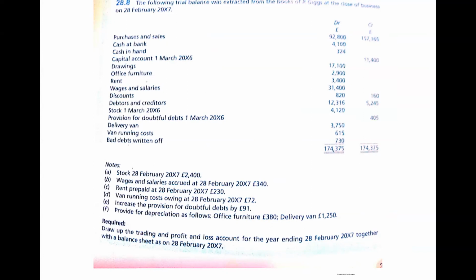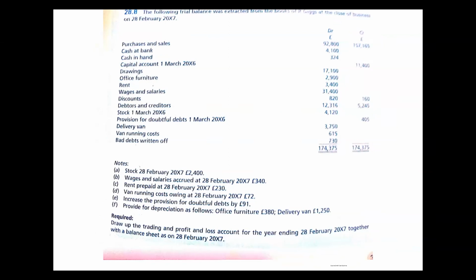And from the trial balance we have the following elements. We have the purchases, the sales, the cash at bank, the cash in hand, the capital, the drawings, office furniture, rent, wages, salaries, discounts.